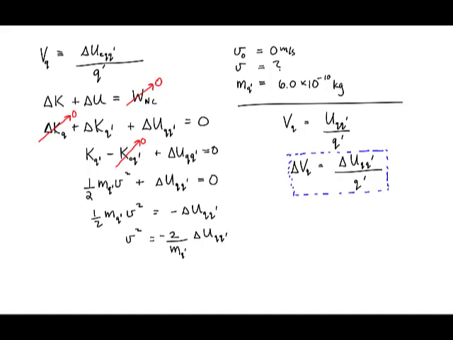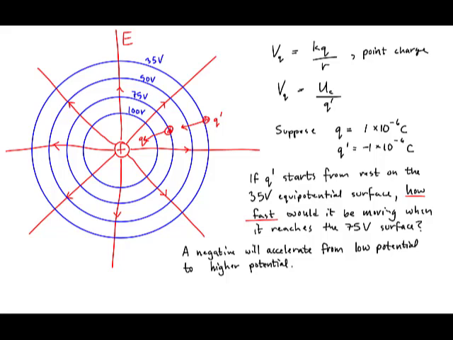We don't have the change of potential energy for this problem, but we do have the change in electric potential. When you look at our sketch, we're going from an initial potential of 35 volts to a final potential of 75 volts.